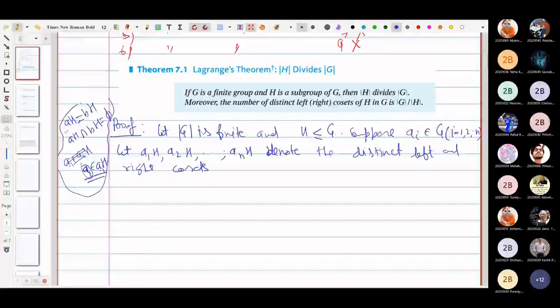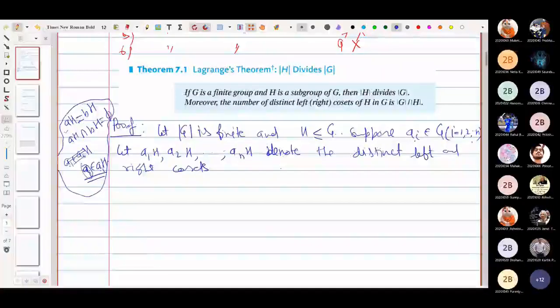One more thing you should note is that I have not assumed that the order of G is n, but I have assumed that there are some distinct elements a_i of G, corresponding to which we are getting distinct left cosets, or you can write corresponding right cosets also. Okay. Because for distinct elements we may have the same cosets.